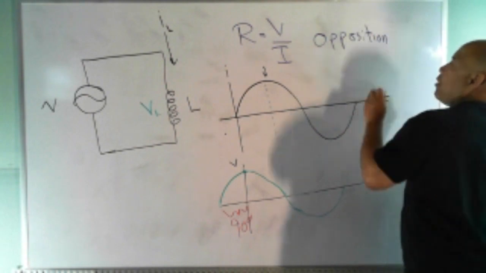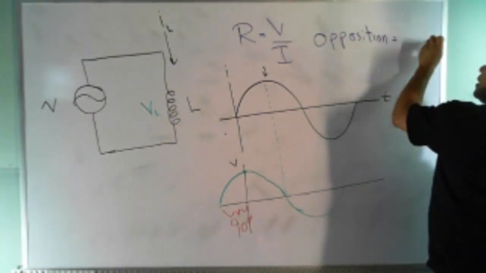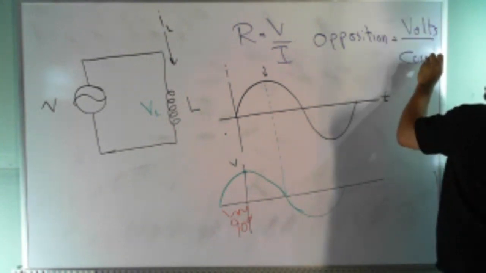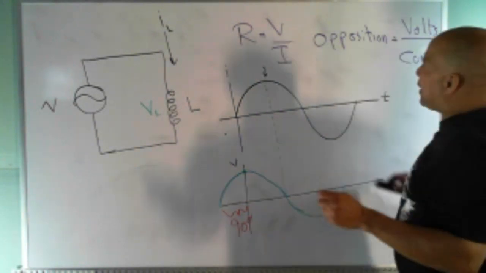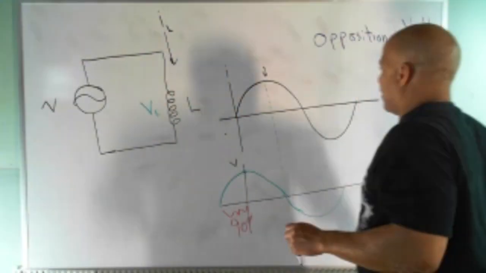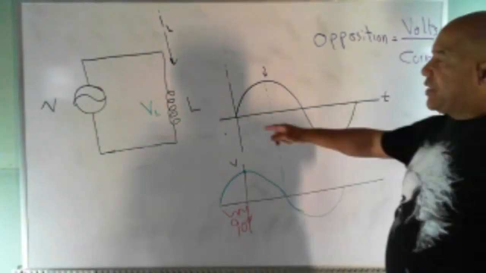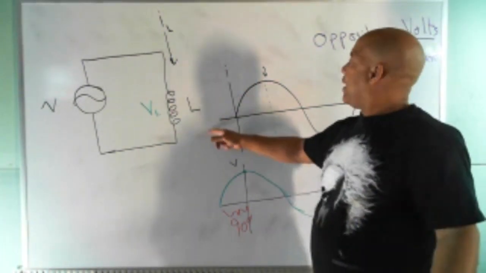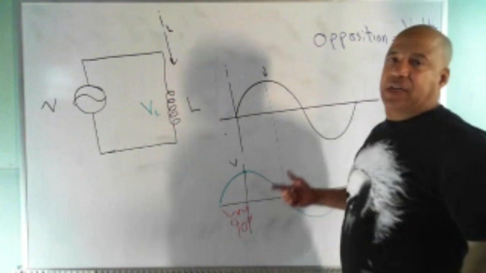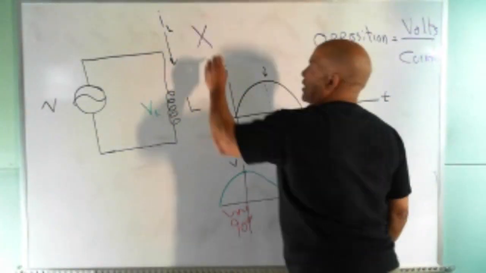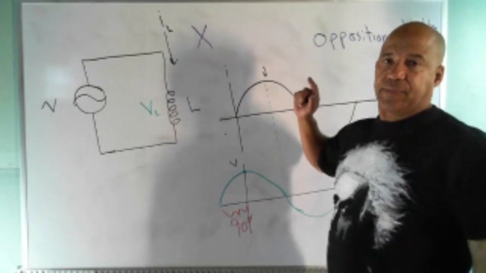Any old opposition is equal to voltage over current. Why am I doing that? Well, because this is not a resistor, but yet it has opposition. And if I want to find it, I don't know what to call it, so I'm just going to call it X. In math, when you don't know what something is, you call it X. So let's just call this opposition X.